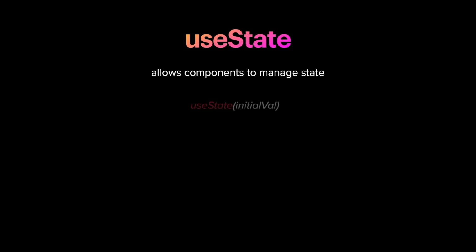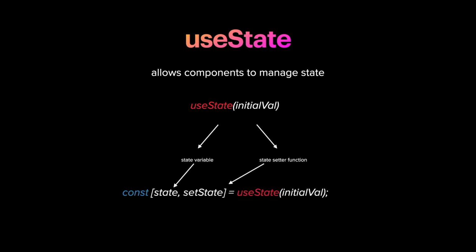It takes one argument, which is the initial state value, and returns an array containing two elements, the current state value and a function to update that state value. To illustrate the use of state and useState, I'll take the classic example of a count button, which increments the count every time the button is clicked.